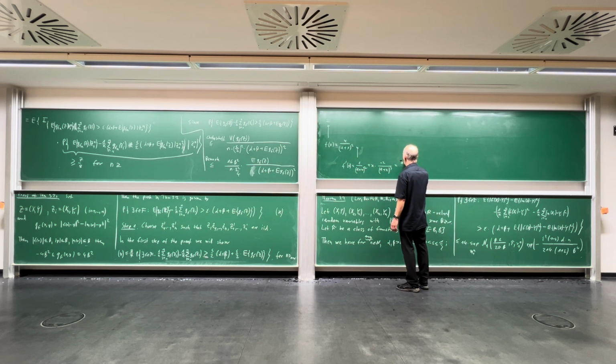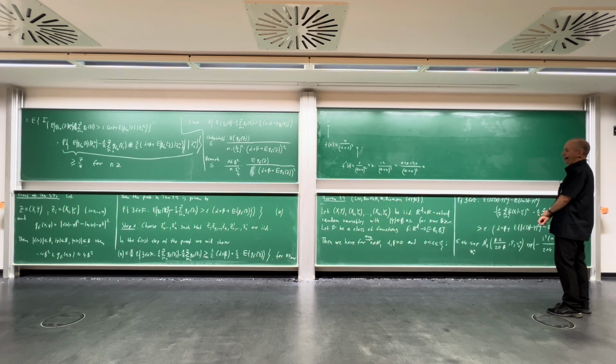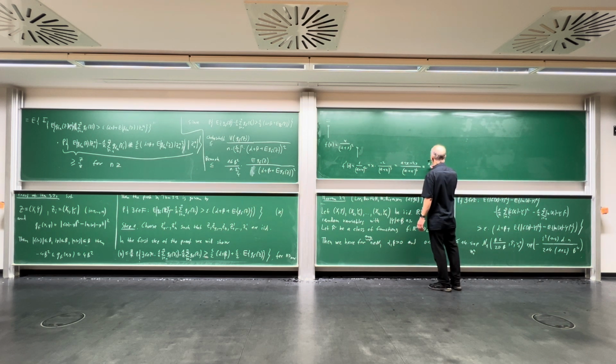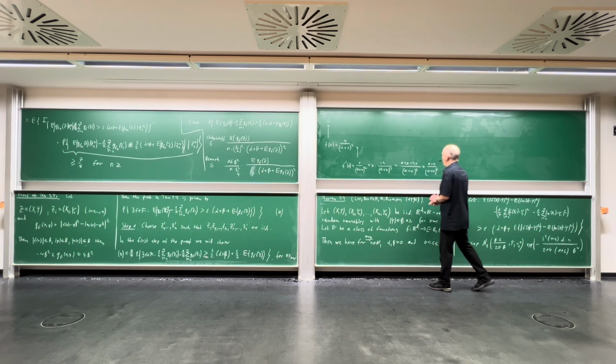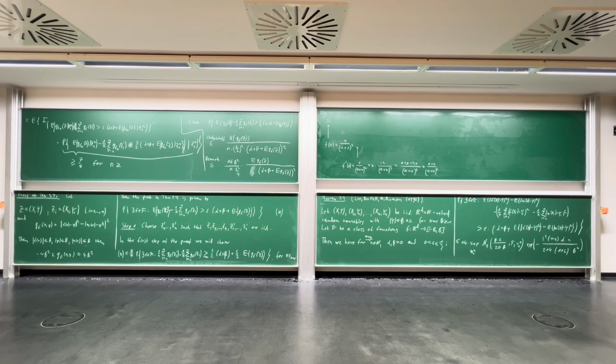It's (a plus x minus 2x) divided by (a plus x) to the power 3, which is (a minus x) divided by (a plus x) to the power 3.